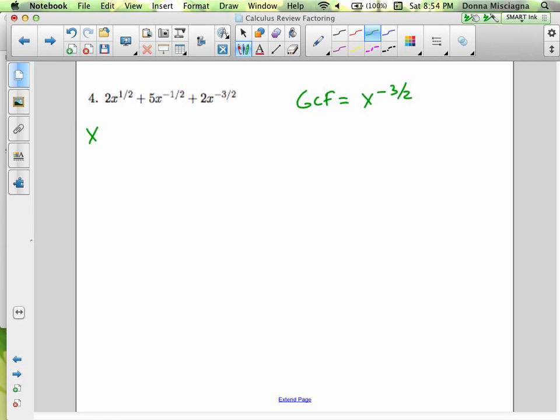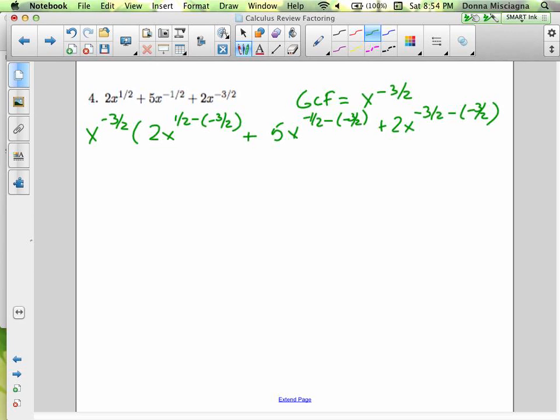So we have x to the negative 3/2 times 2x to the 1/2 minus a negative 3/2, plus 5x to the negative 1/2 minus a negative 3/2, and then plus 2x to the negative 3/2 minus a negative 3/2. Close the parentheses. I might start skipping a few steps here. 1/2 plus 3/2 is 4/2.